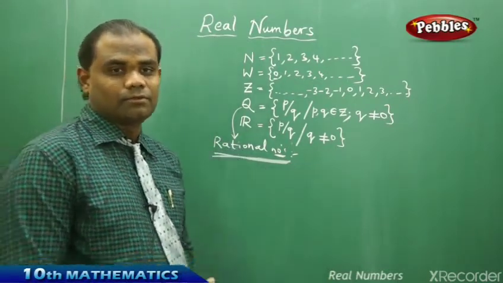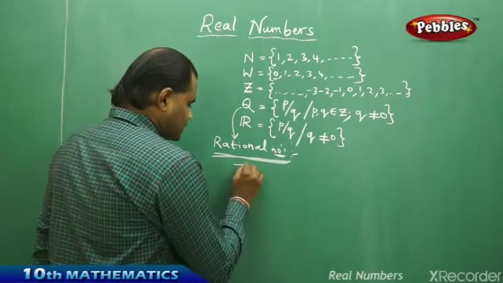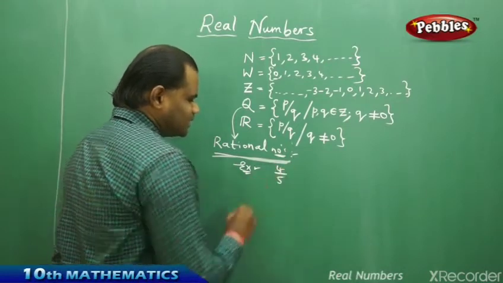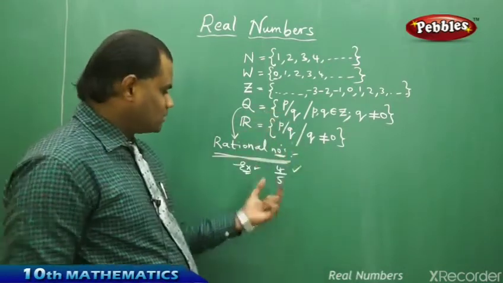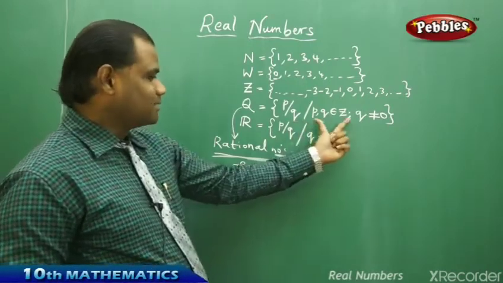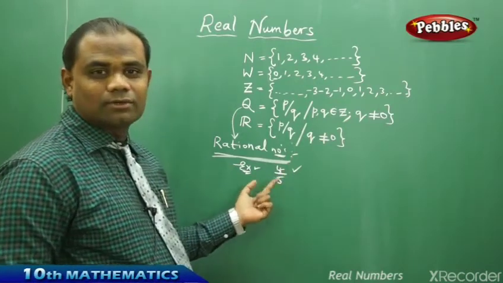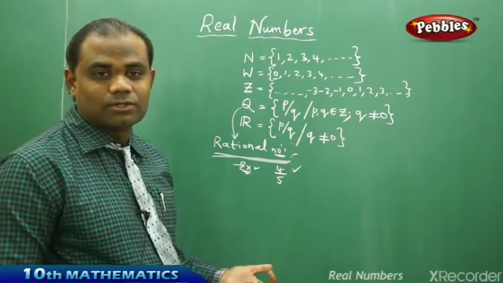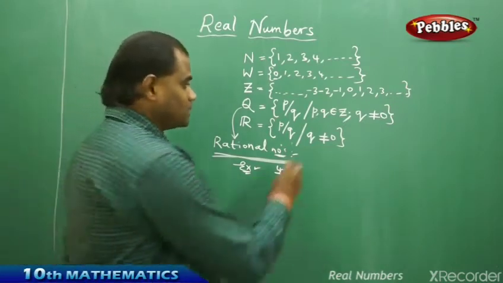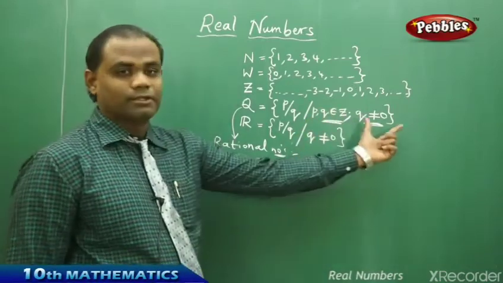So for example, I take 4 over 5, then this is clearly a rational number because p is 4 and q is 5, which satisfies the condition that p and q are integers, and q being 5 is not equal to 0 because 5 is clearly a non-zero number. Therefore, I can say that this is a rational number based on the two conditions.